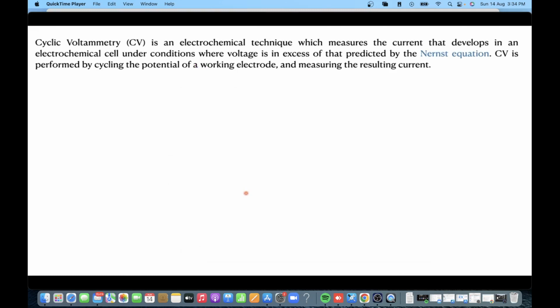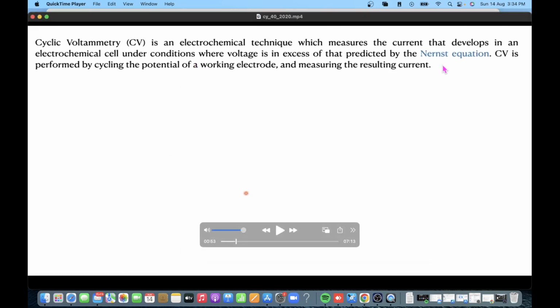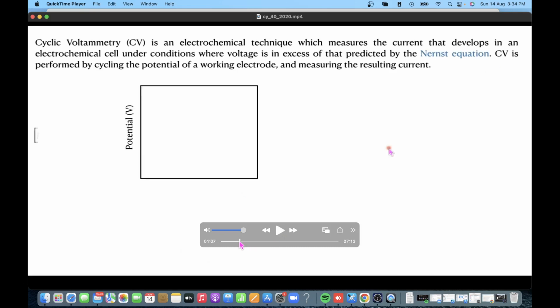Actually this particular definition was not very clear to me, so I will try to make it clearer to you with some representation of what is happening, so that you can get the basics of cyclic voltammetry.